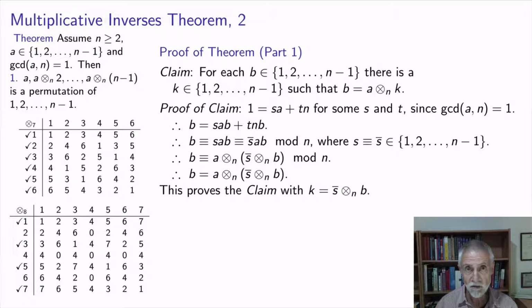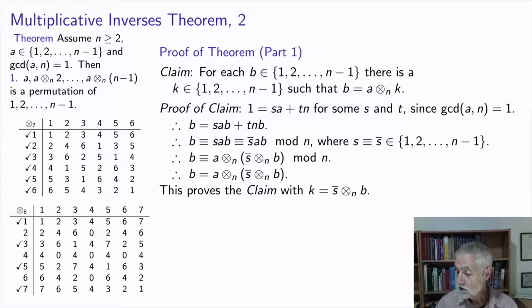Now this is good news, because since we're working modulo n, this term here is going to be 0 mod n. And this looks very promising. It's telling us that b is a multiplied by sb modulo n. And this is very close to what we want here. So from this, working modulo n, we get that b is congruent to sab.